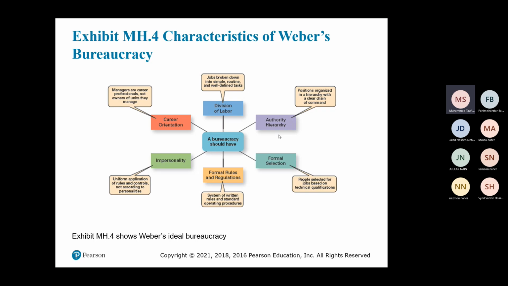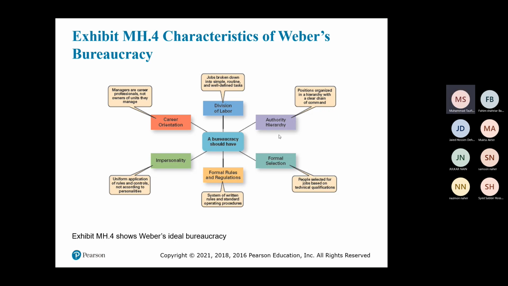And then it must have hierarchy, which means the organization must have a clear organization chart. Who is on top, who is in between, who is the line manager, who is the department manager, who is the CEO, who is the COO, who is the CFO. The hierarchy of the organization must be clearly defined.